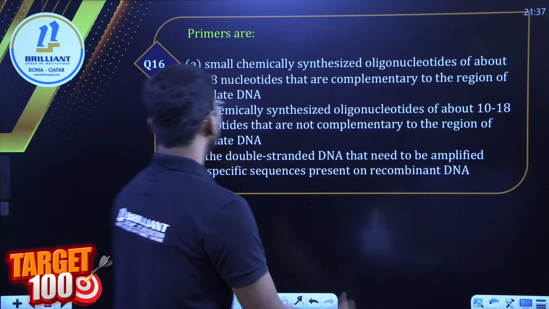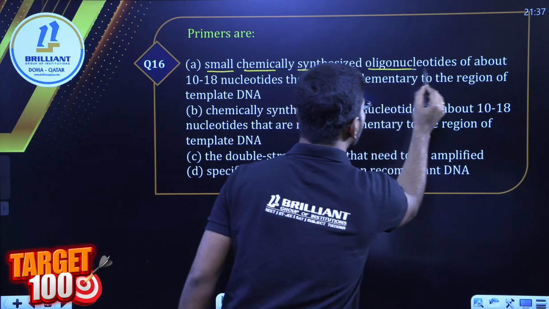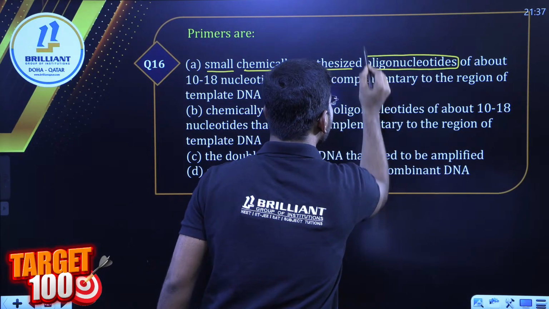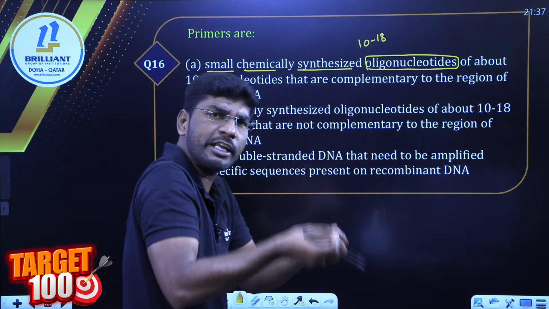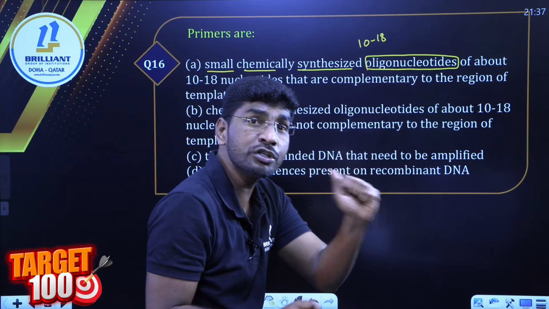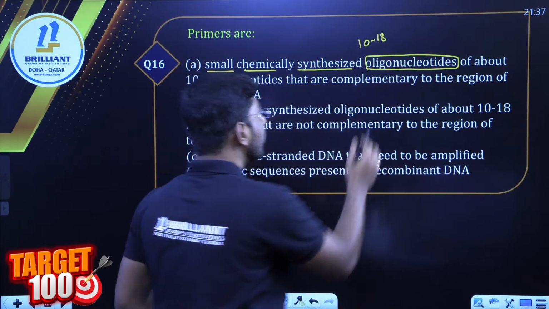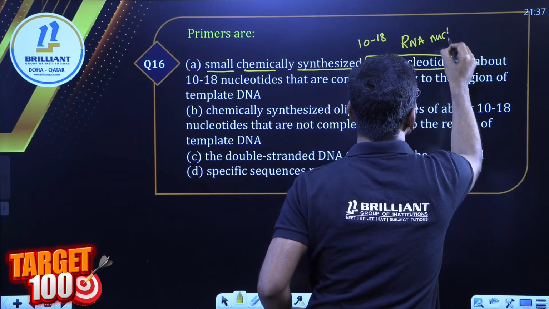Remember all of you, small chemical synthesized oligonucleotide, it is maybe 10 to 18 or maybe 6 to 20 also we can tell. Small short nucleotide. Which nucleotide? RNA nucleotide. So I am writing here, it is RNA nucleotide.